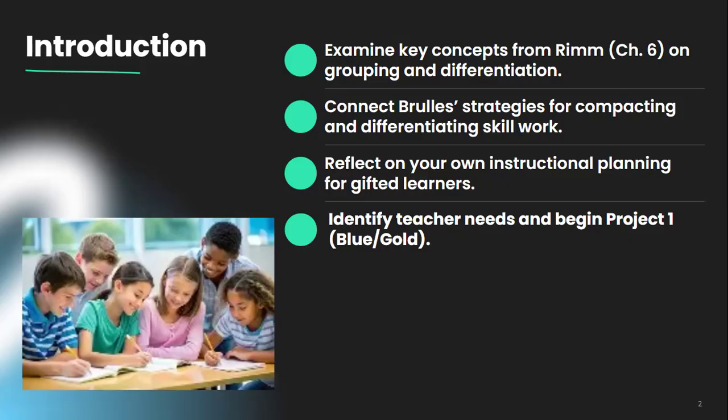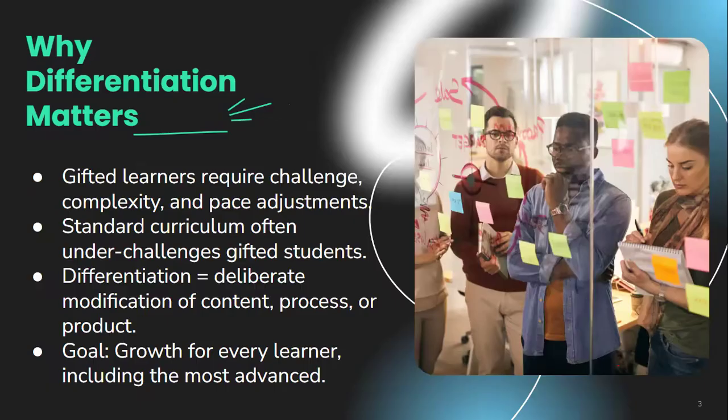We'll also spend time reflecting on our own instructional planning, where differentiation already exists in our lessons or those that we're observing, and where it might need to be strengthened. Finally, we'll introduce Project One, which asks us to identify our own areas for growth as an educator of gifted learners. Think of this week as an opportunity to pause, take stock, and plan intentionally for how you'll refine your practice moving forward.